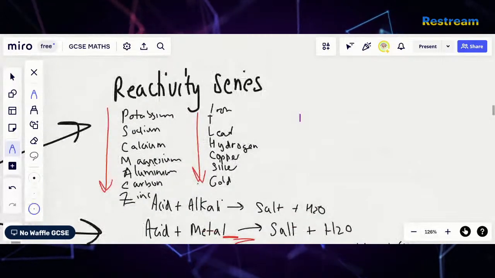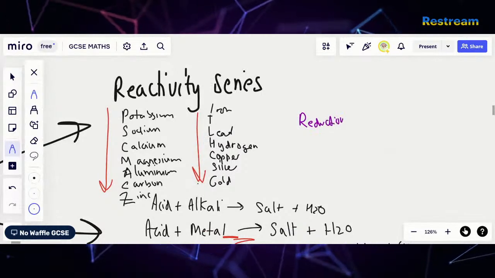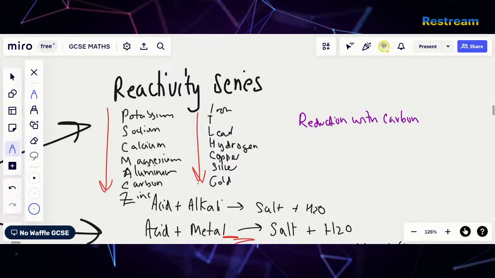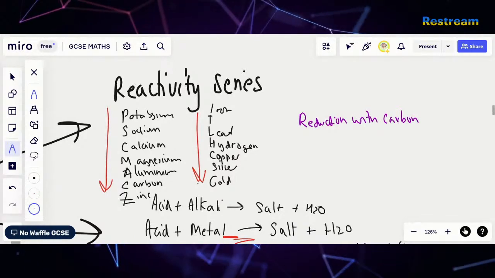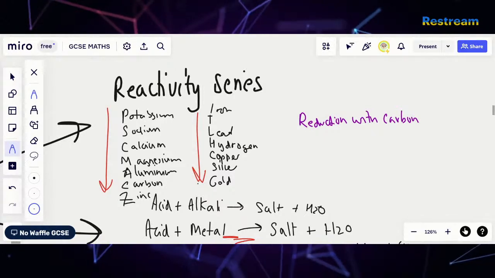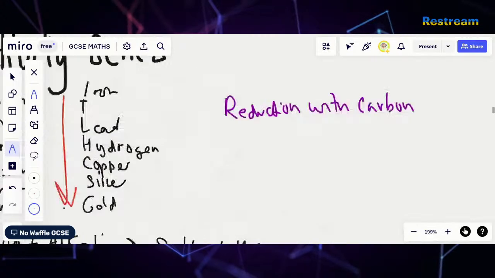So we've got reduction with carbon, which is often known as a displacement reaction. The ore is reduced as oxygen is removed from it. So let's look at an example of reduction.